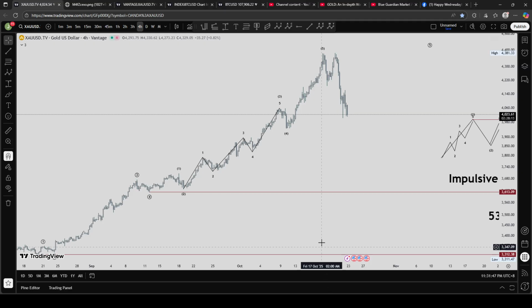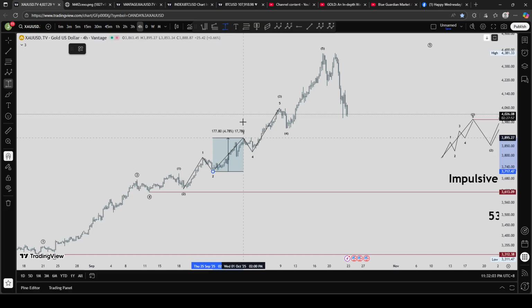Let's see if we will satisfy that rule in Elliott wave theory. Wave 3 should not be the shortest. So let's measure it from wave 2 to the peak of wave 3 here, and let's measure as well wave 1 from wave 0 to wave 1.